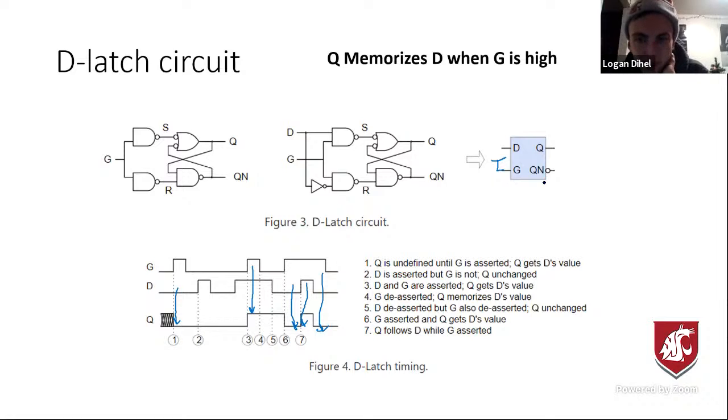Whatever D is at all times. Exactly. So in this scenario, this would just be a NOT gate if you just hold it high. And if you hold it low, then we don't really know what's going to happen, because before we memorize anything, we don't know if the output's going to be a 0 or a 1.